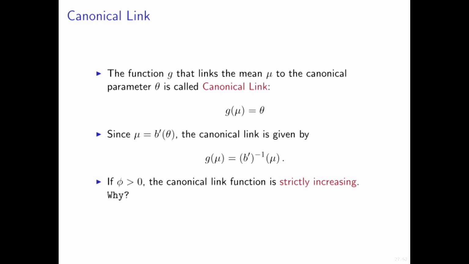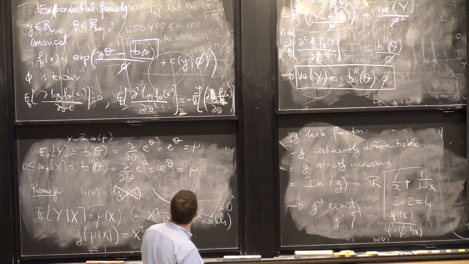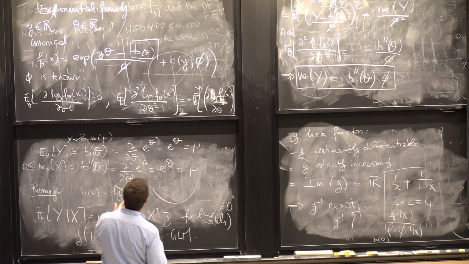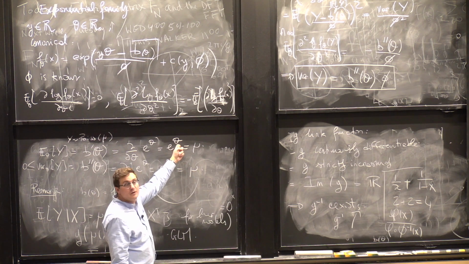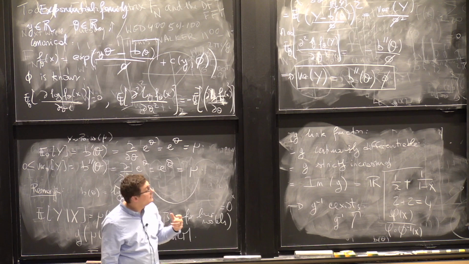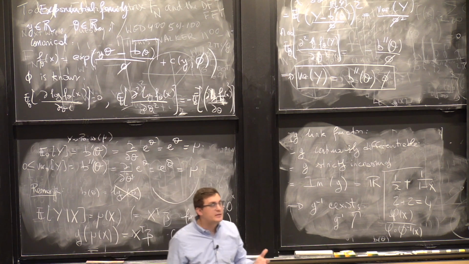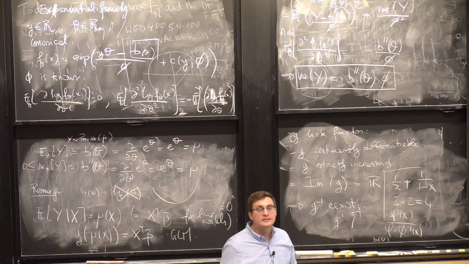But mu is not the parameter of my canonical family. Here, for example, mu is E of theta, but the canonical parameter is theta. And the parameter of a canonical exponential family is something that lives in the entire real line. It was defined for all thetas.